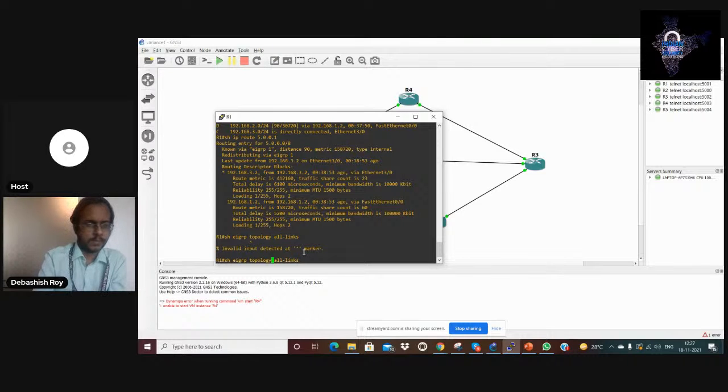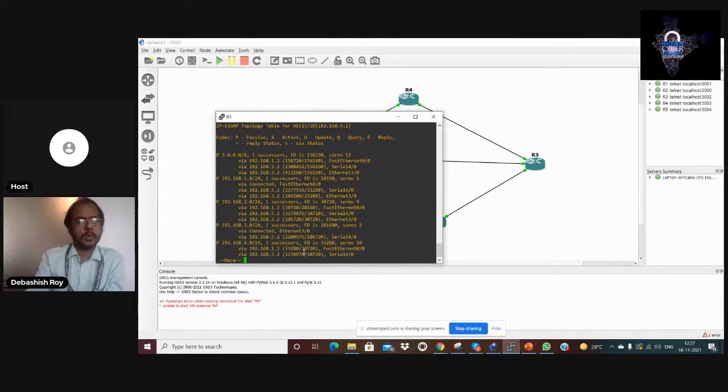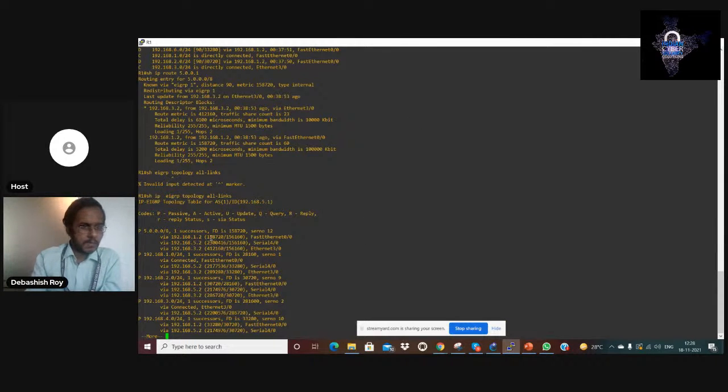So I think that is show IP EIGRP topology anyway. Just a minute. Yes. So in case of show IP EIGRP topology, all links, you can see it in details. The successor and the feasible successors.